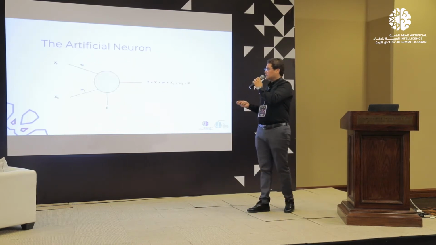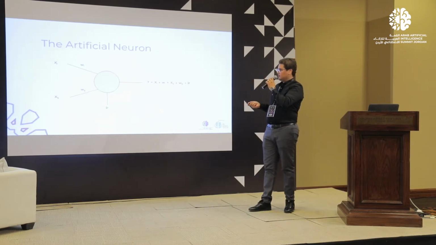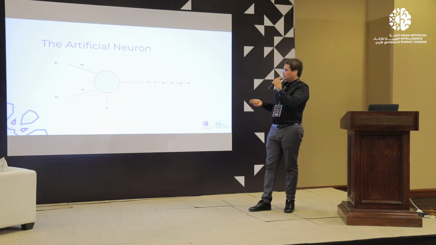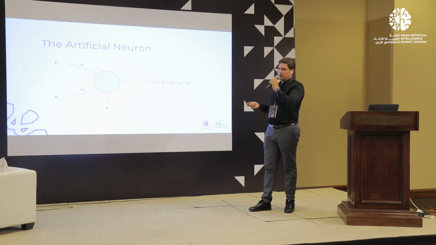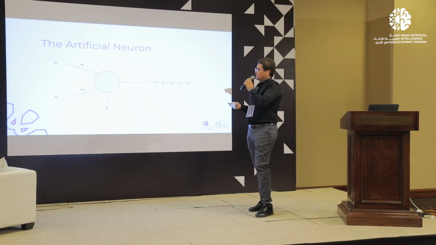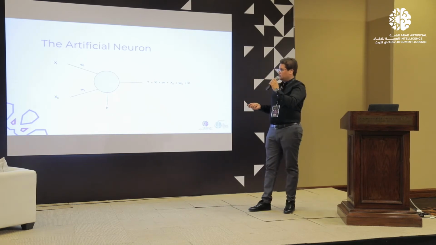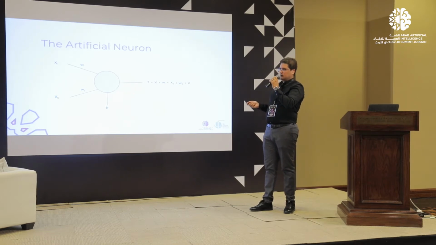In artificial neurons, we are doing basically the same thing. This is a single artificial neuron. Here we have our inputs, for example, the pixels of the image, and it gives us an output, which is the input x1 multiplied by the weight, and we do that for each input.